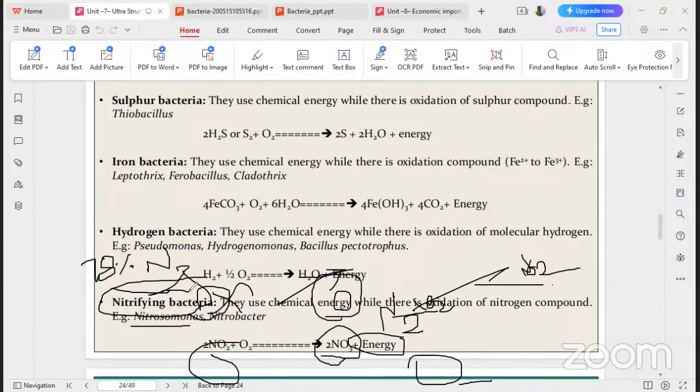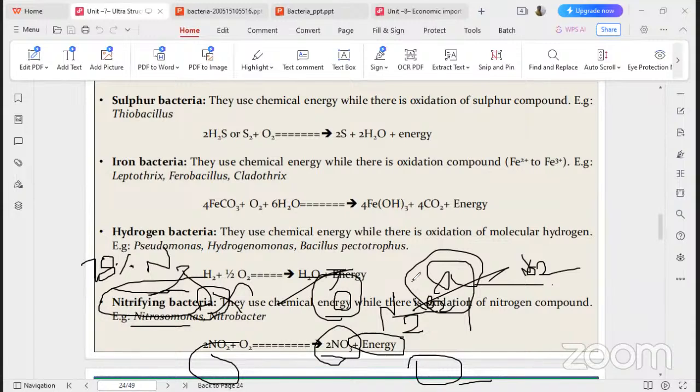Bacteria convert atmospheric nitrogen into nitrates, nitrites, and ammonia. That ammonia and nitrates are absorbed by the plants, which synthesize amino acids and proteins. We get those amino acids and proteins from plants, directly or indirectly, due to these nitrifying bacteria only.